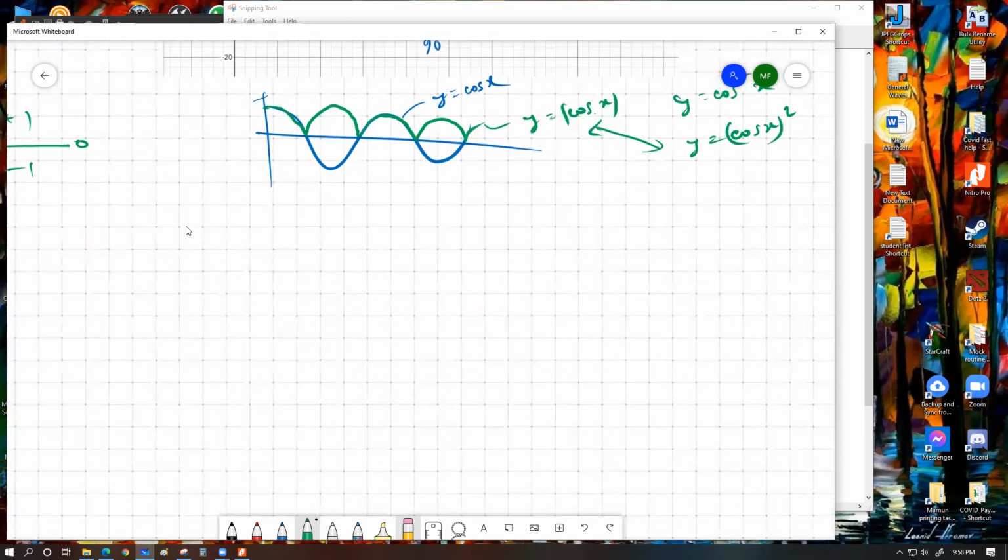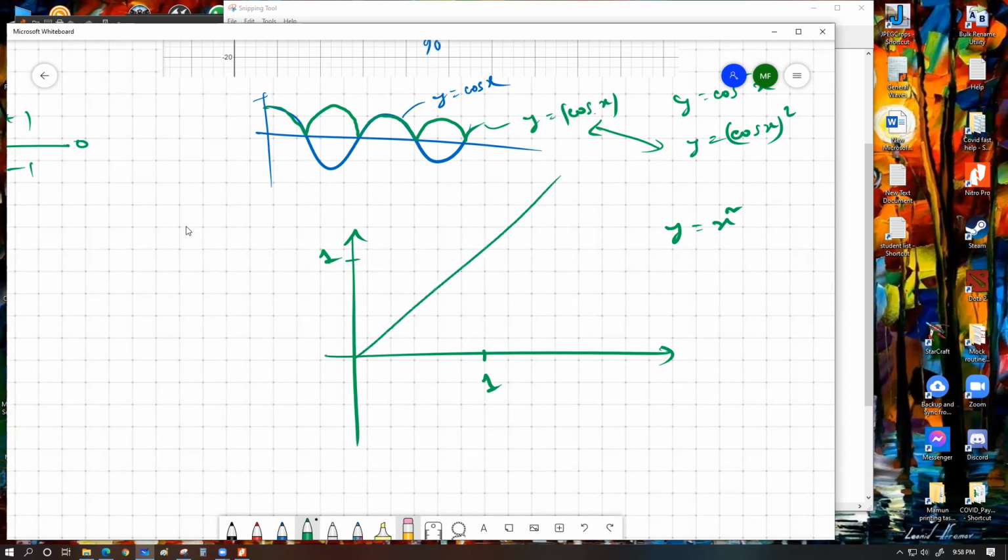মানে হচ্ছে আমি এটা মনে করো একটা সার্টেন এক্সিসে y equal to x স্কয়ার প্লট করতে যাচ্ছি, y equals to x স্কয়ার। এটা যদি আমার 1 পয়েন্ট হয়, এটা যদি আমার y equals to x গ্রাফ হয়, তাহলে এটা হচ্ছে আমার 1 পয়েন্ট। y equals to x স্কয়ারের গ্রাফটার শেপ হচ্ছে এই যে এইরকম। কথা হচ্ছে এরকম কেন? কারণ when y equals to 0, x is also equals to 0.